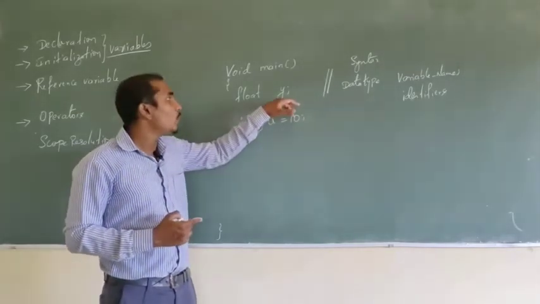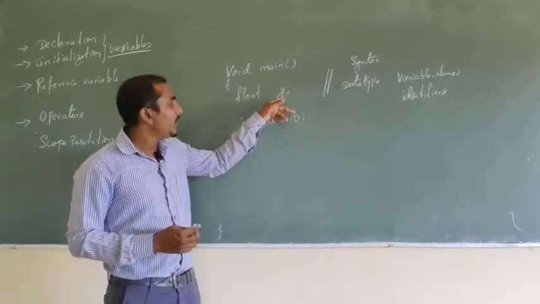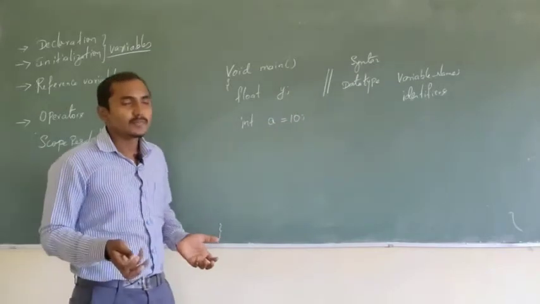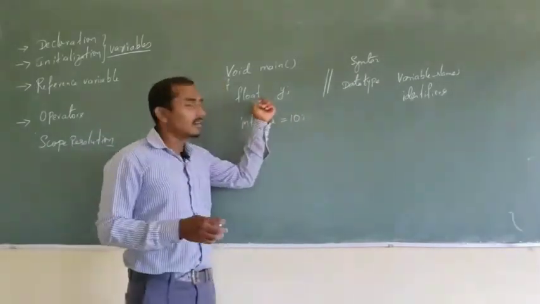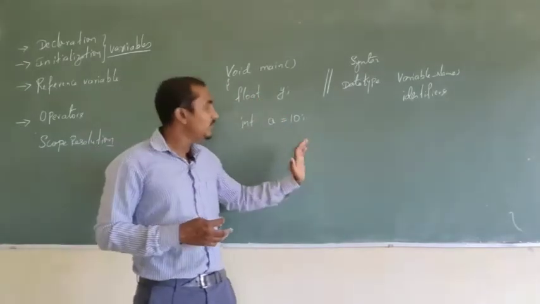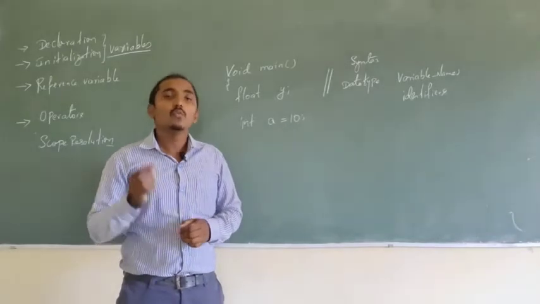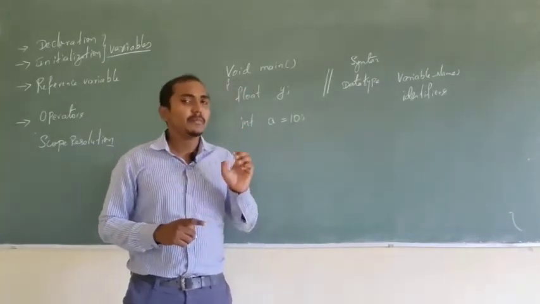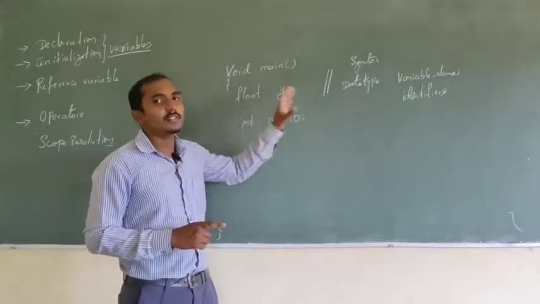If y is not initialized and I try to print the value of y, it will show some unwanted value, some garbage value, even though I have defined it as float. Why is that? Because whatever data was previously stored in that particular memory, the same data will be shown.